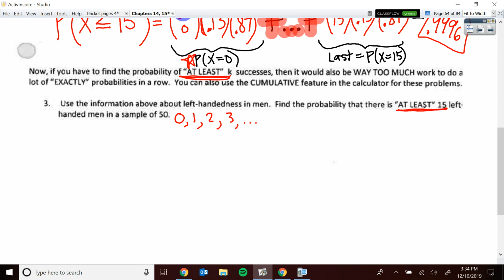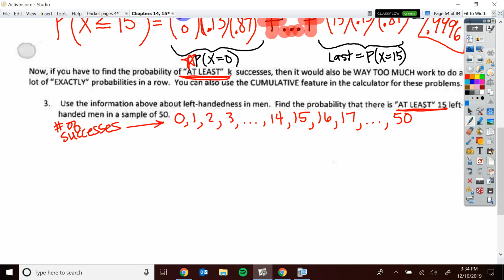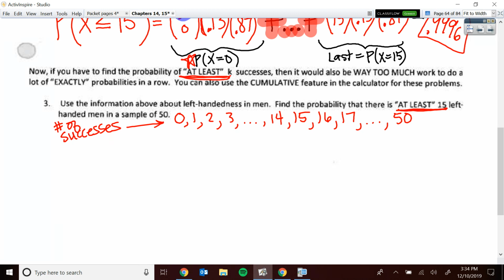I'm going to kind of do a little section here. 14 successes, 15, 16, 17, and so on up to 50. So let's say these represent the number of successes. So I want you to circle what section we want if we want at least 15.